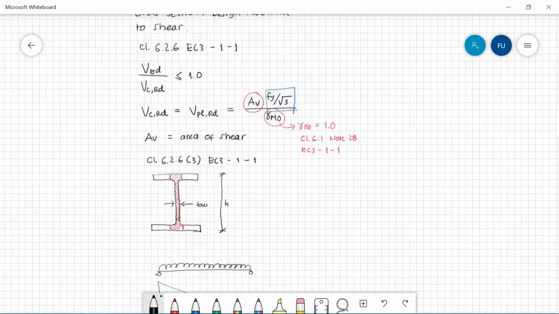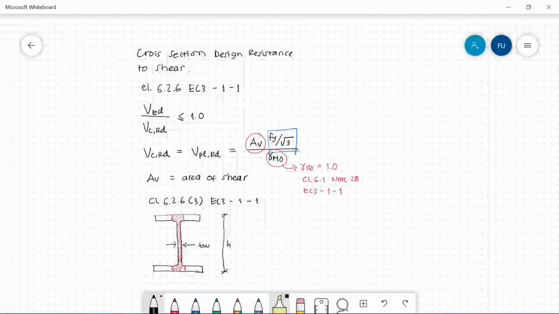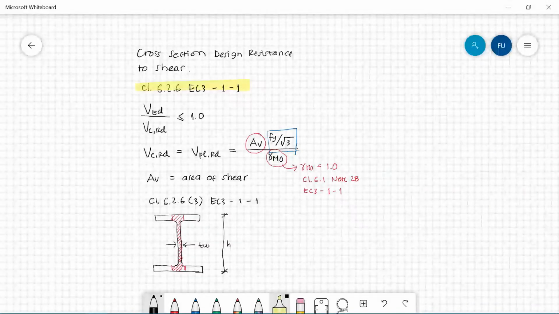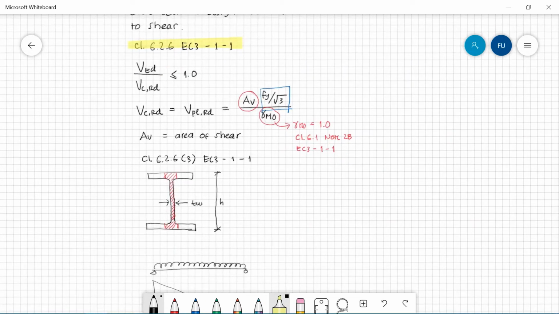Okay, so then we repeat. Cross-section design resistance to shear is covered in clause 6.2.6 Eurocode 3 part 1.1, and the design requirement is VED, the design value of shear, over VCRD should be less than or equal to 1.0.